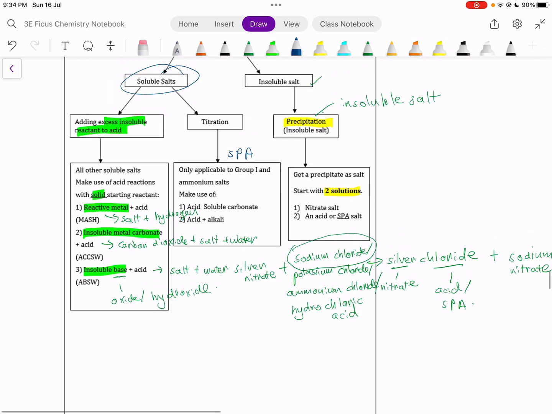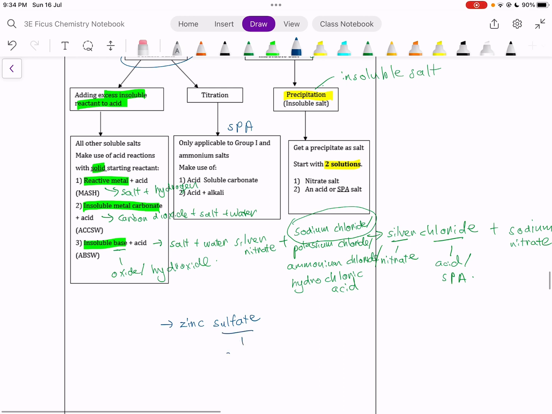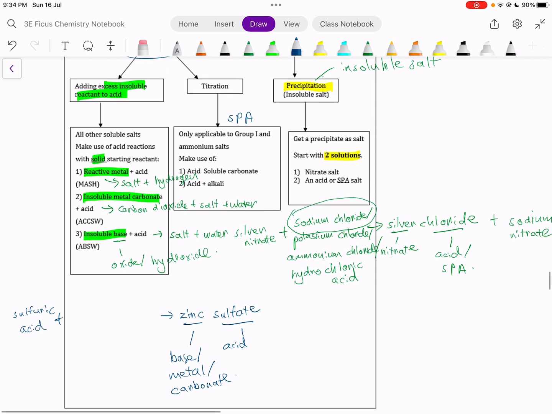I give you one example. Let's say you want something like zinc sulfate. The second word will always help to tell you which kind of acid you can start with. Then the first word helps you to see which kind of base, metal if it's applicable, or carbonate you start with. So in this case, sulfate, I'm going to start with sulfuric acid. Certainly a sulfate salt always starts with sulfuric acid. Next you have zinc metal, possible because it's reactive.